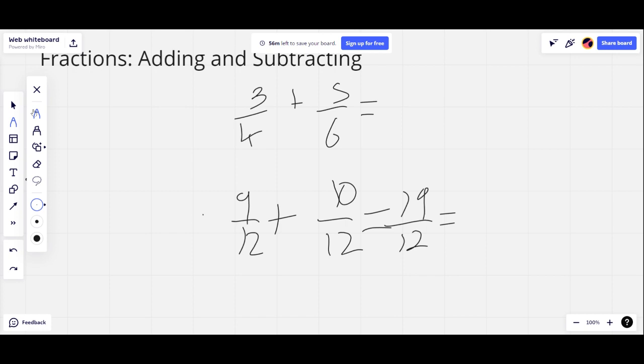I will link in the description the video where I teach you how to change from improper fractions to mixed numbers. So the answer here would be 19 over 12 as an improper fraction. I would suggest that you convert it into mixed numbers because it is usually more beneficial. However, if the question does say to change into improper, then please, of course, do improper.